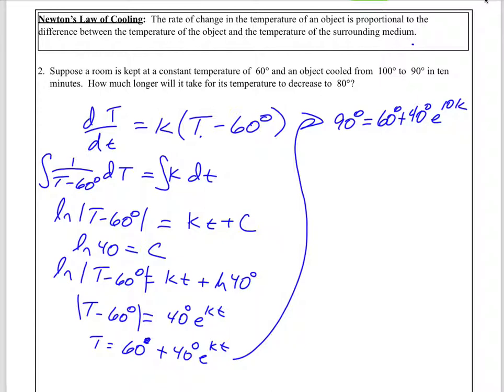So if I subtract 60, that gives me 30. I divide by 40, that gives me 3/4. Then natural log and divide by 10, so I get 1/10 natural log of 3/4.